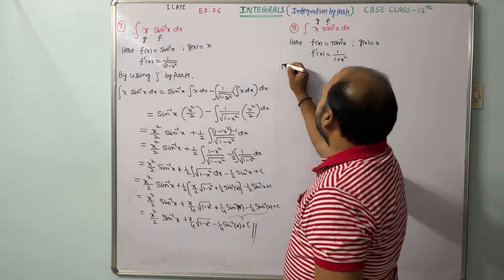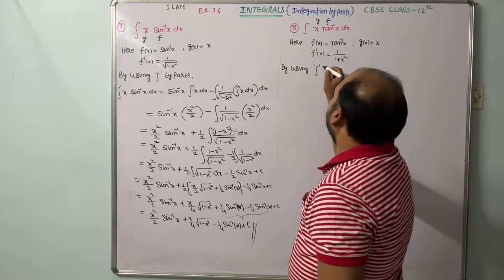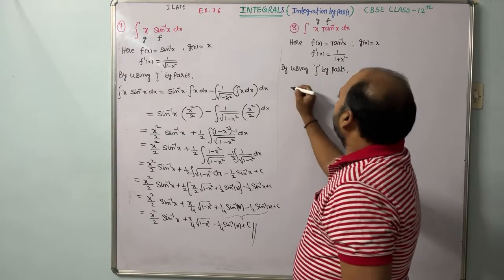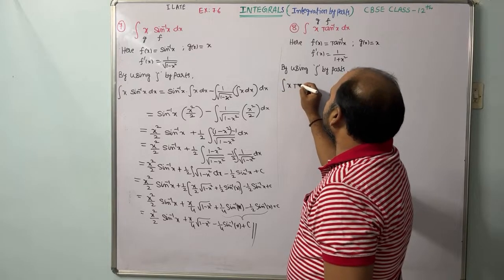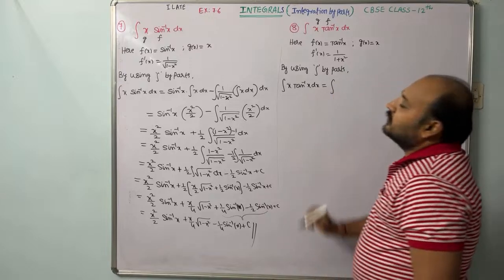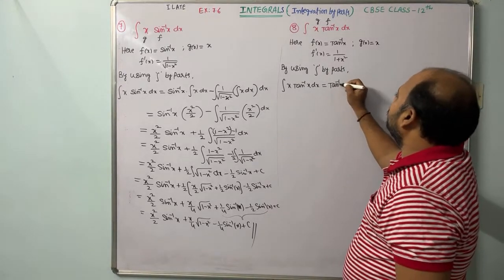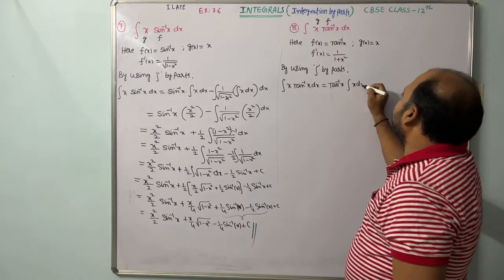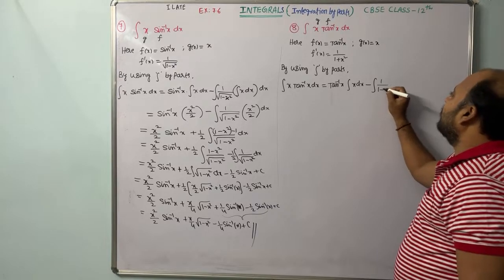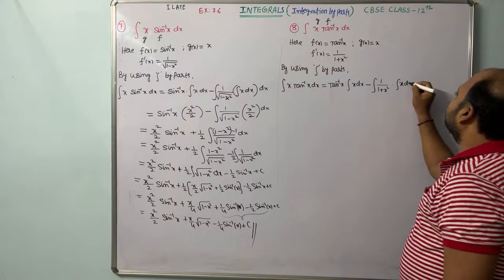So by using integration by parts, integral x into tan inverse x dx is equal to: first tan inverse x will come, f of x, into integral x dx, minus integral f dash of x, 1 by 1 plus x square, into integral x dx, whole dx.